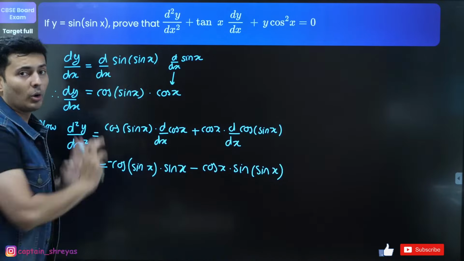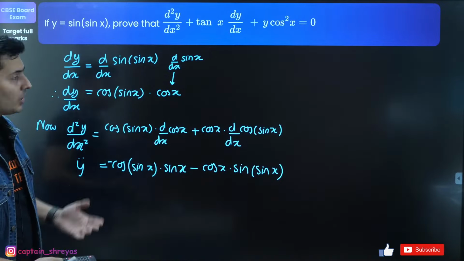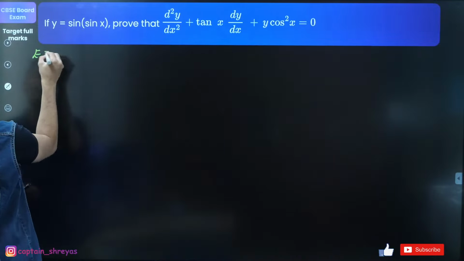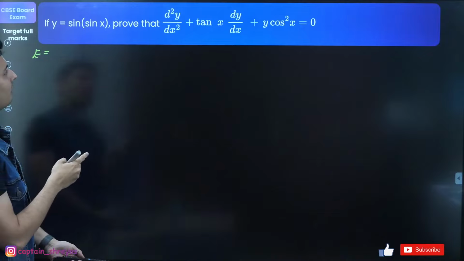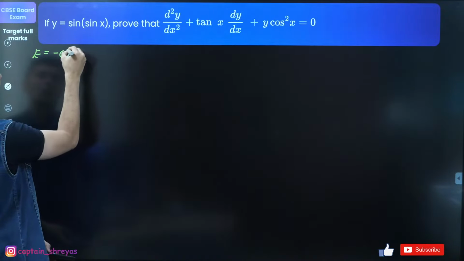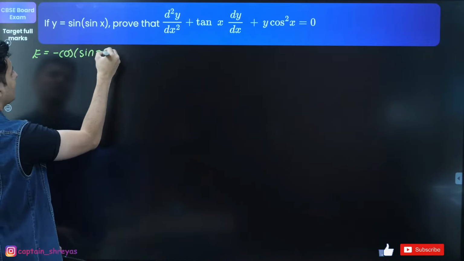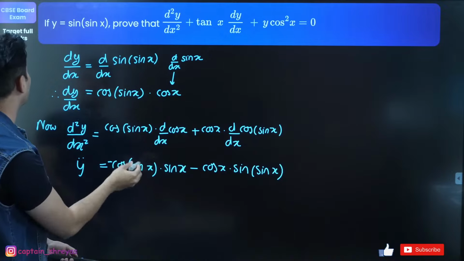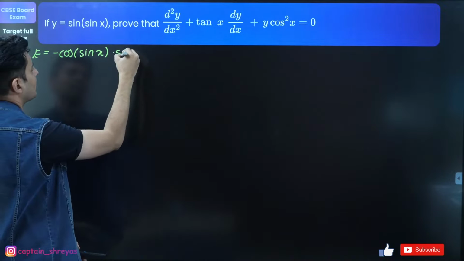Now substitute both of them over here and see what you get. So the expression will be second derivative of y. Second derivative of y is this big thing. So it was minus cos of sine of x into sine x. Into sine of x.